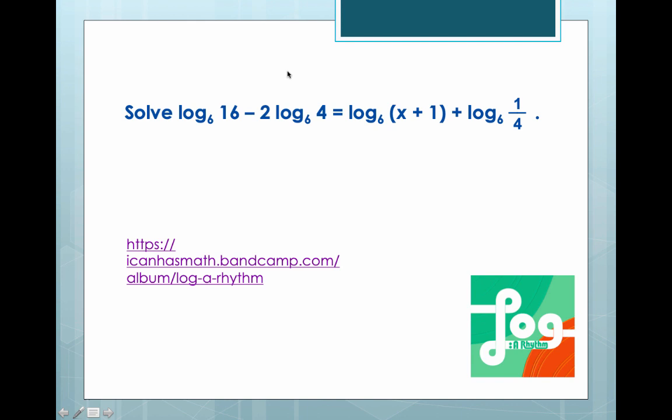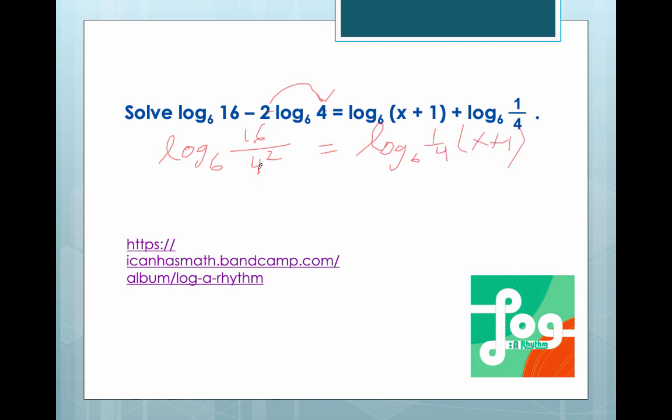And then we got a big dog here. I'd get all these together on the left, and then I'd get them together on the right, and then I'd go from there, because I'd put this up here, and I'd have log base 6 of 16 over 4 squared. Well, 4 squared is going to be 1. And over here, I'd have log base 6 of 1/4 times x plus 1.